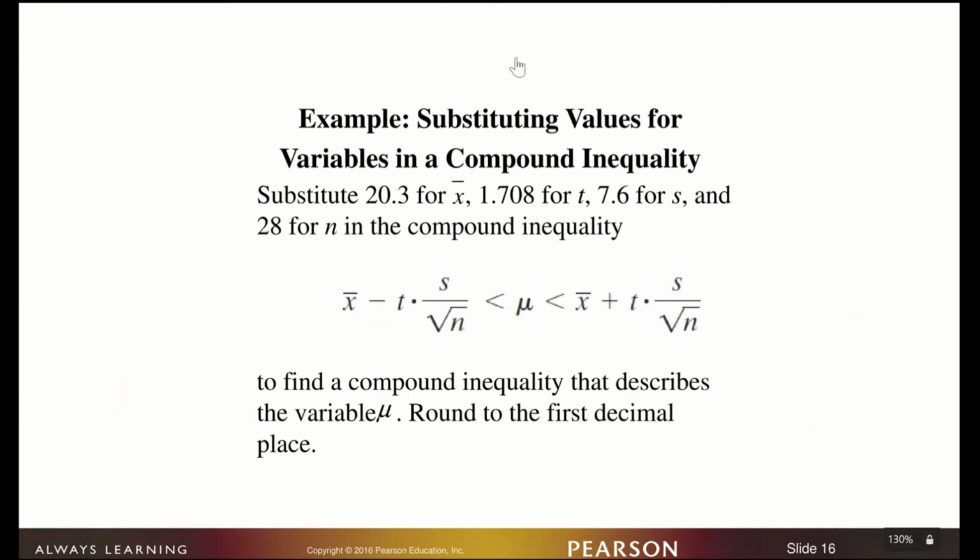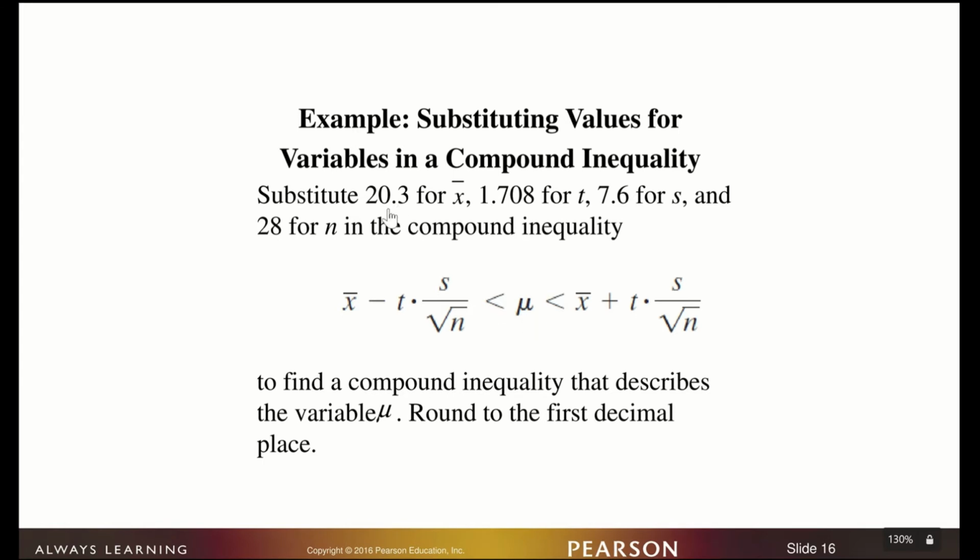Okay, once you take statistics next term, you'll find a lot of expressions such as this that you'll encounter. This is actually placing a boundary on the variable mu, which, as you know, stands for population mean. So here we want to substitute certain values and find an inequality which tells us the restrictions on mu.